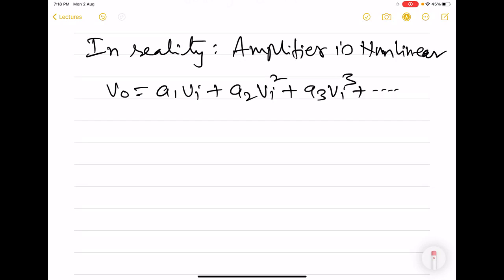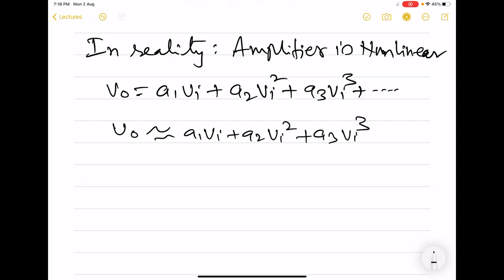So we approximate the output as A1 Vi plus A2 Vi square plus A3 Vi cube.